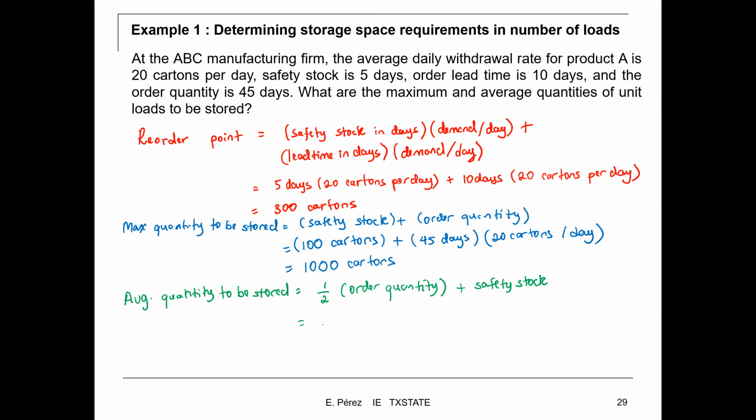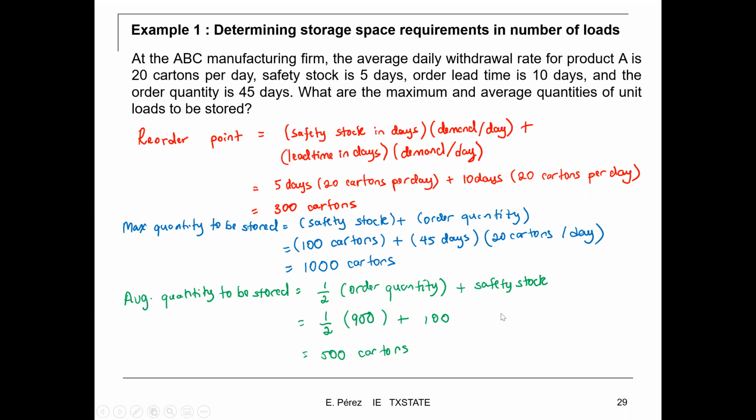So that's equal to 1/2 times 900 plus 100. And that is equal to 500 cartons. So the maximum and average quantities of units to be stored are computed here. Maximum is going to be 1,000 cartons. The average quantity we store is 500 cartons.